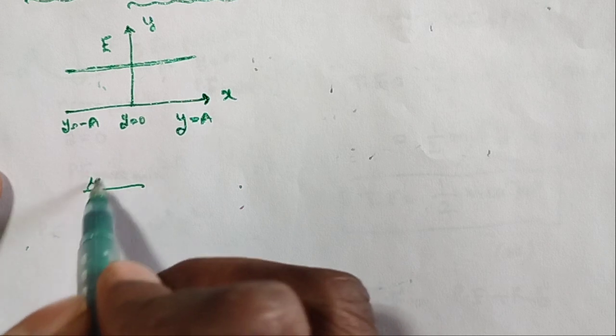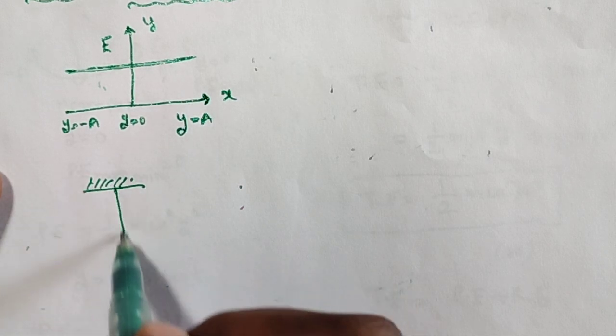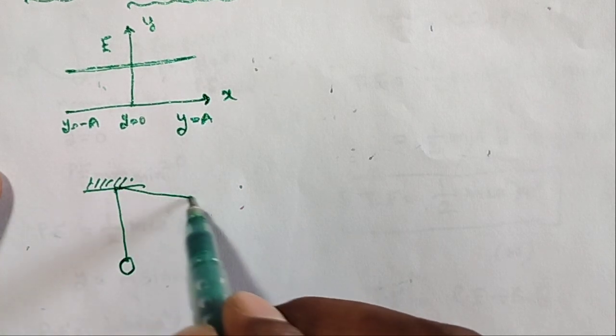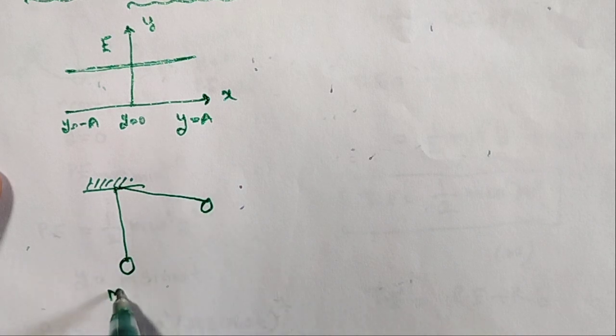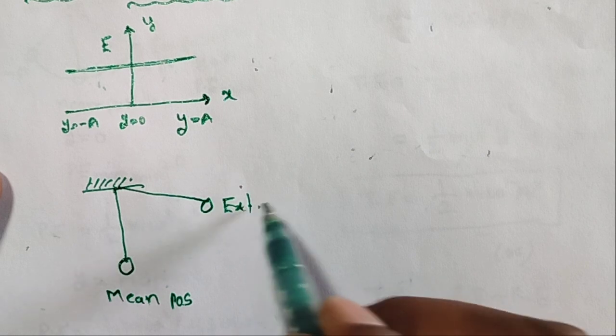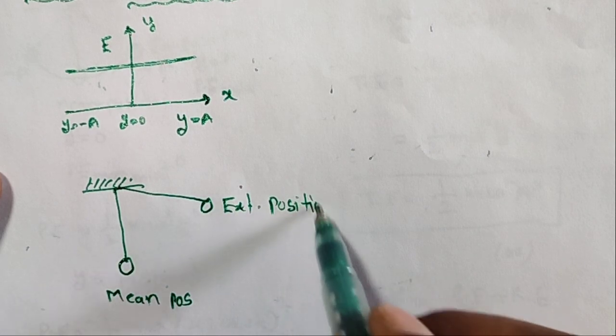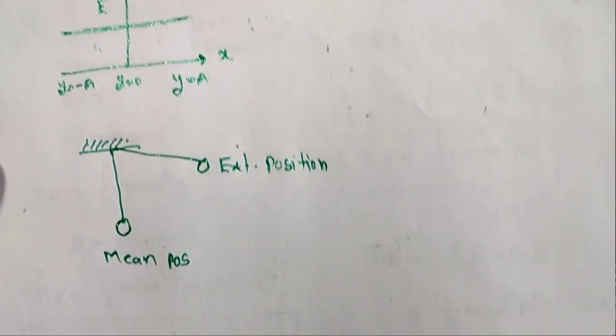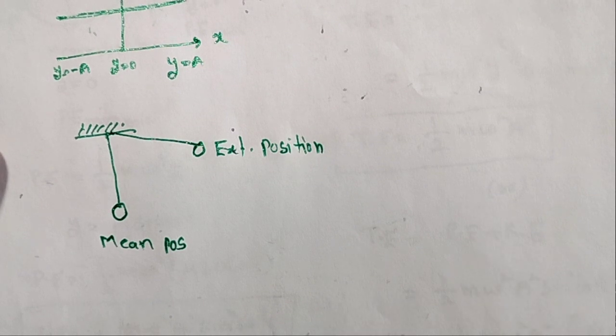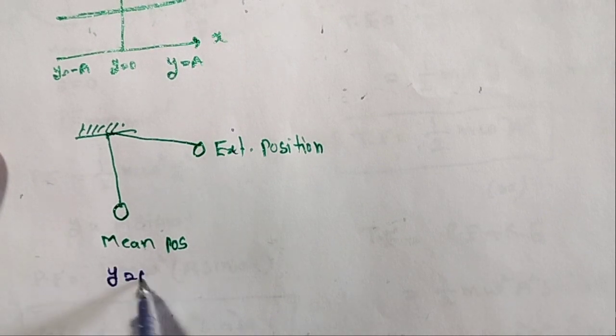So let us take simple harmonic motion, for example. This is the mean position and this is an extreme position. At the mean position, what is the displacement? y is equal to 0.